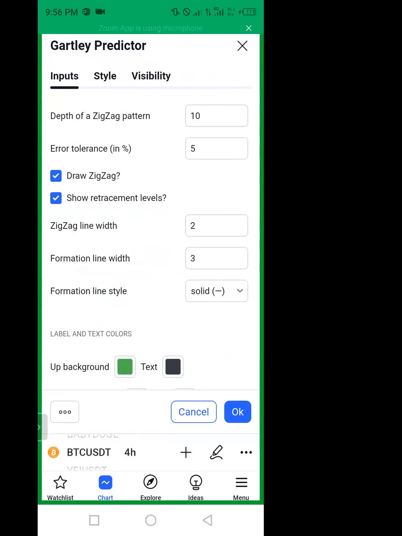Now, we have the depth of the zigzag pattern. We shall leave there number 10. Then we shall leave there 5. Then for draw the zigzag, we shall put a tick.